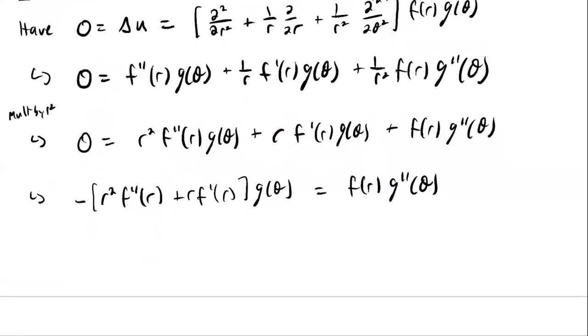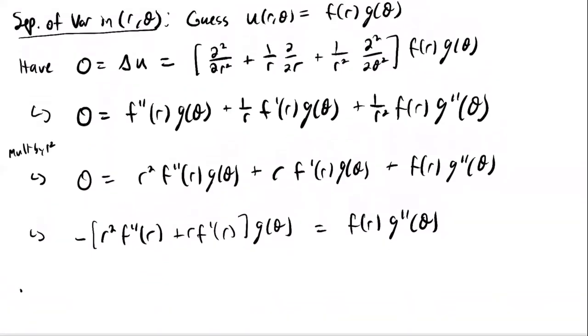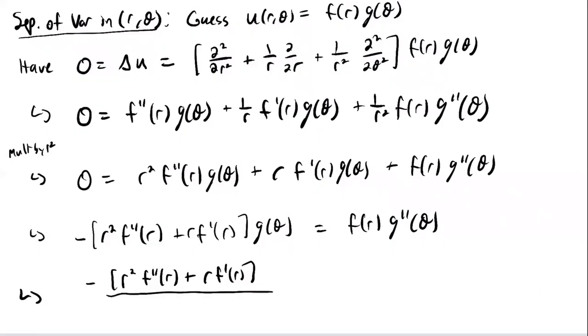So finally, let's divide by f of r and g of theta. We end up with negative r squared f prime prime of r plus r f prime of r, divided by f of r, is equal to g prime prime of theta over g of theta.